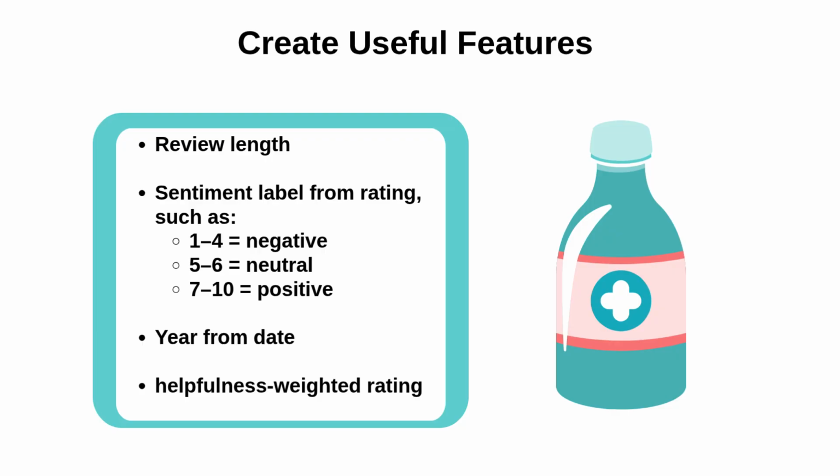To support analysis, we created several additional features, including review length, review year, and a helpfulness weighted rating. We also converted the 10-point rating scale into sentiment categories, classifying ratings as negative, neutral, or positive.